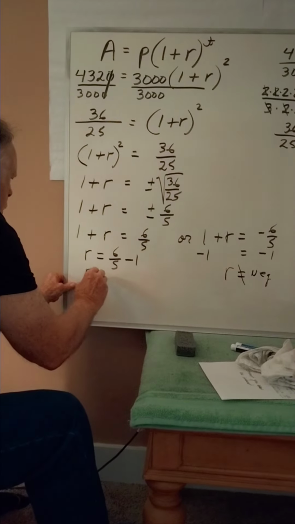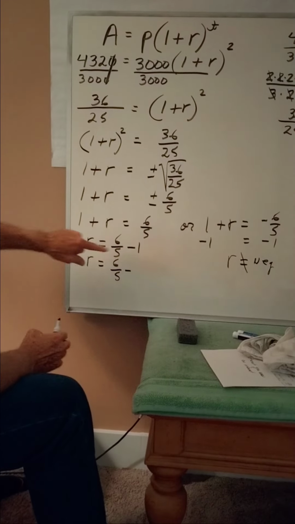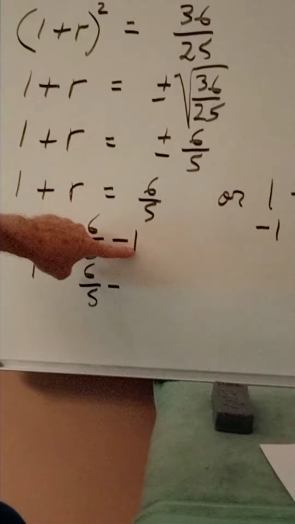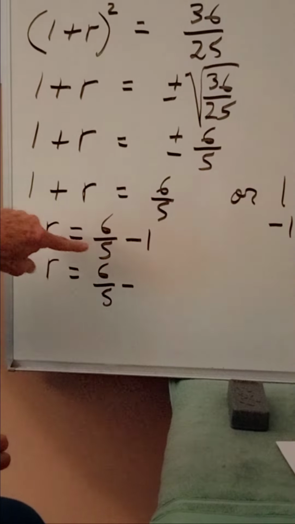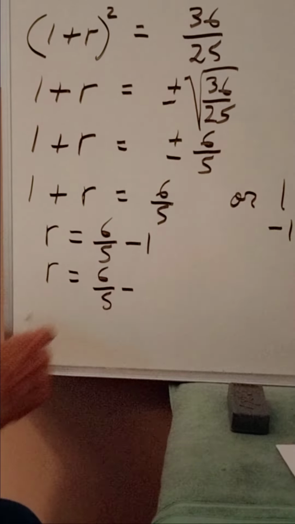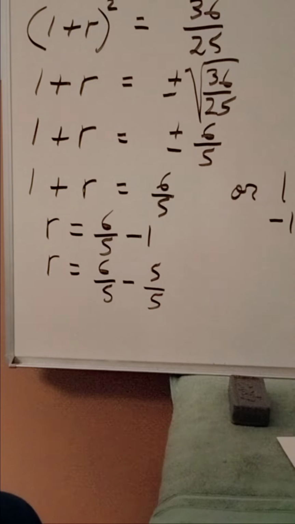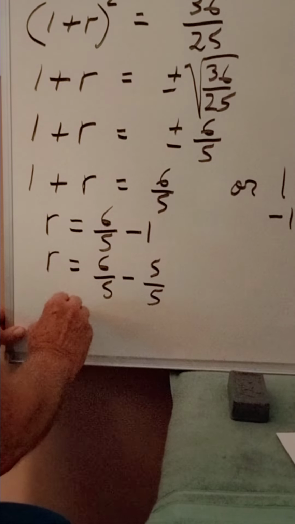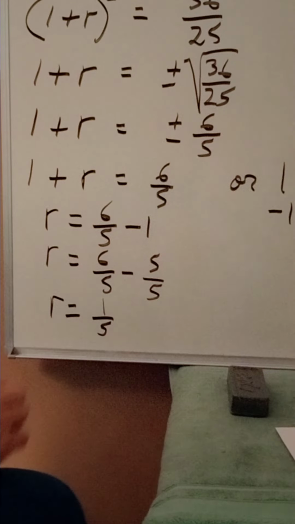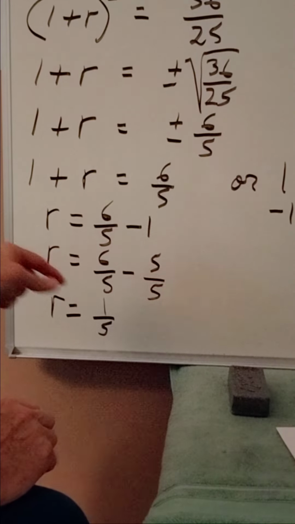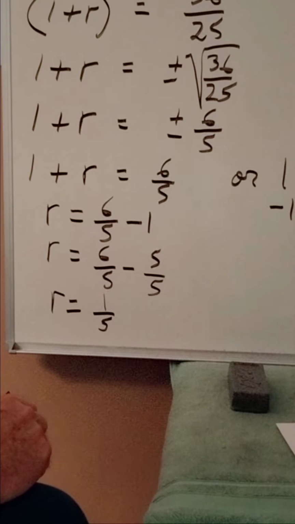We'll then have r is equal to 6/5 minus the value of 1 written as a fraction with a like denominator of 5, which would have to be 5 over 5. And that will then give us r is equal to 1 over 5.